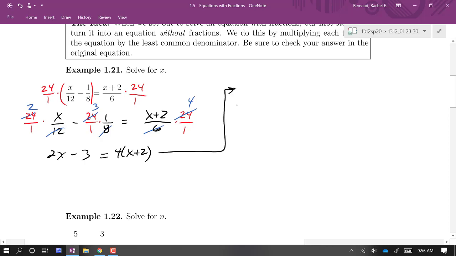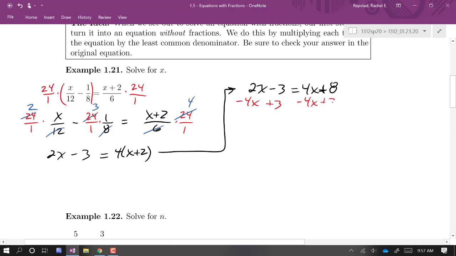It's a nice linear equation, so let's go ahead and solve it. I'll distribute that 4. And then get all of my x's on one side.